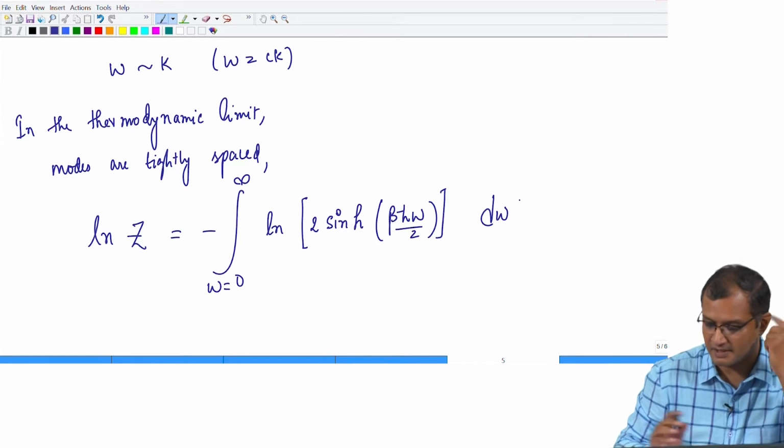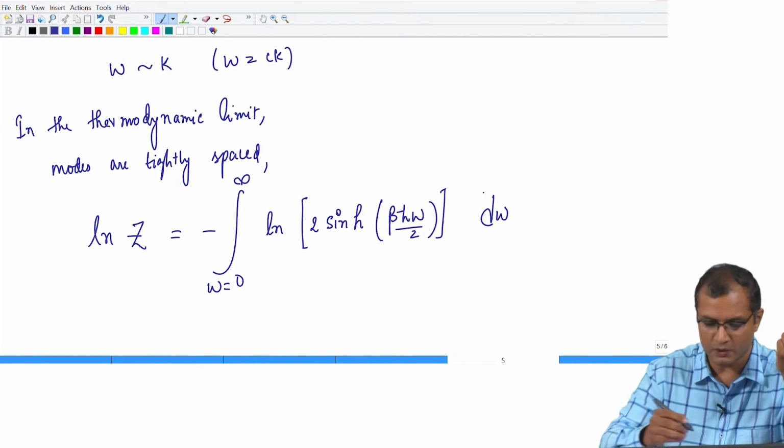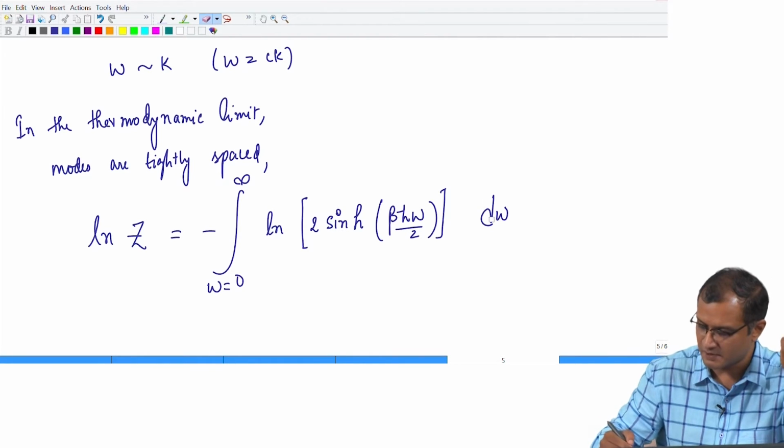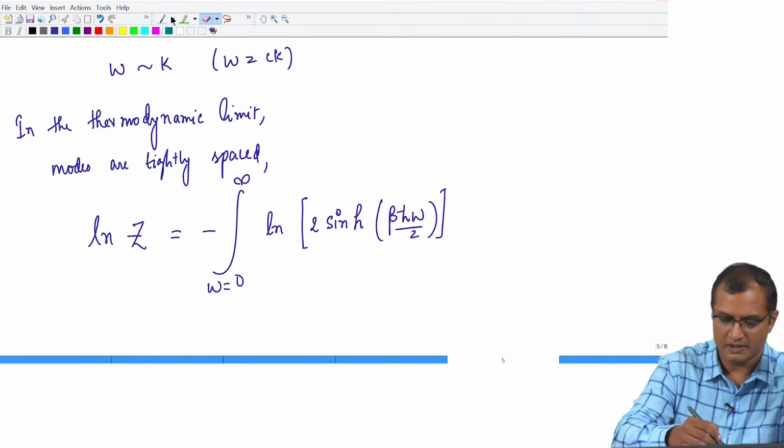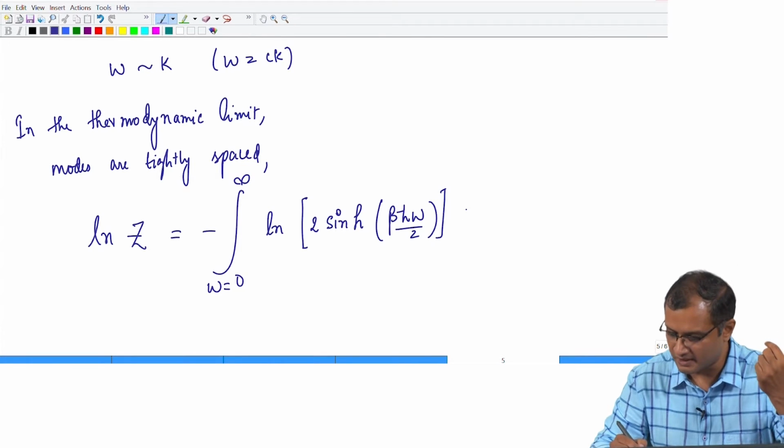Now, as you can see, this integration is not correct unless I take into account a certain density of states, because otherwise this integration is not dimensionally consistent.